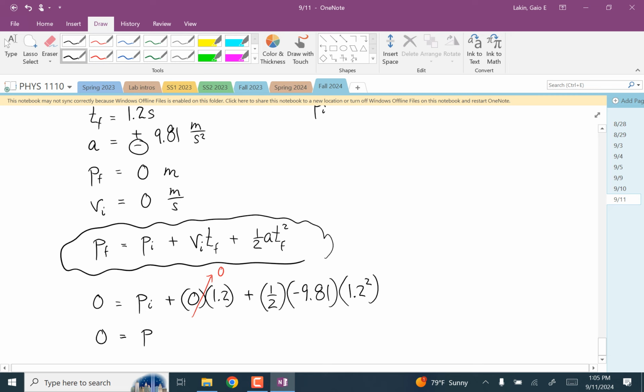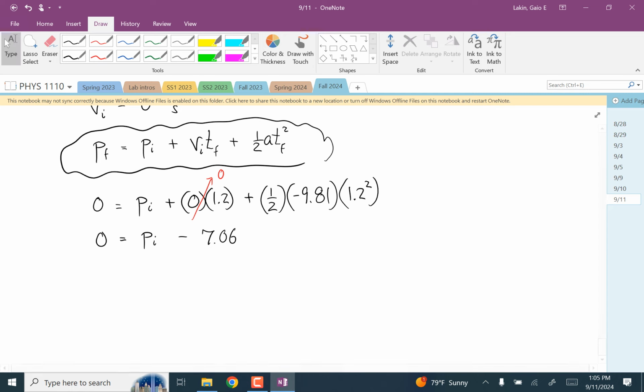And so 0 is equal to PI plus, well, this is going to be negative because of the negative sign there, negative 7.06. And so that initial height is 7.06 meters. So something like 22 feet if you're trying to visualize it. Any questions about that?